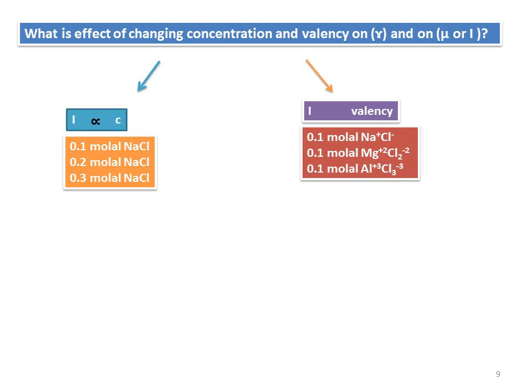So if we keep the concentration constant, 0.1 molar NaCl, 0.1 molar MgCl2 which is bivalent, and 0.1 molar AlCl3 which is trivalent, then going down we increase valency while the concentration remains constant.